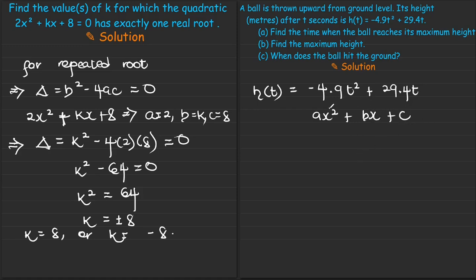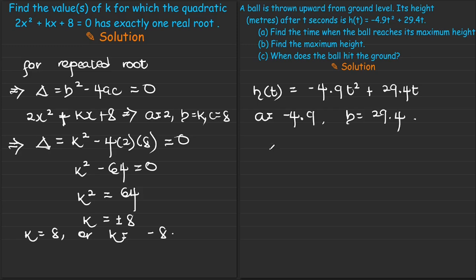If you compare, you'd see the element with the squared over here. Hence our a is simply negative 4.9 and our b is 29.4, but it has no constant, so there is no c, or in other words, c is simply 0. So with that said, let's write down our a. So a is negative 4.9 and then b is 29.4. The first question was we have to find the time when the ball reaches its maximum height.